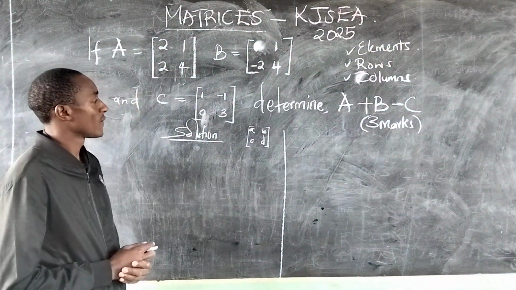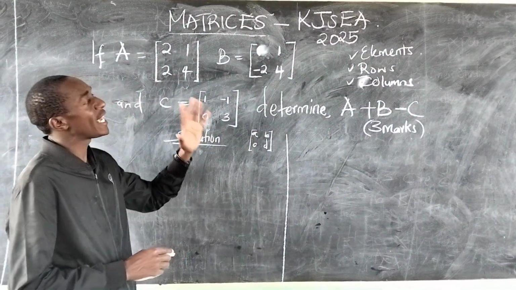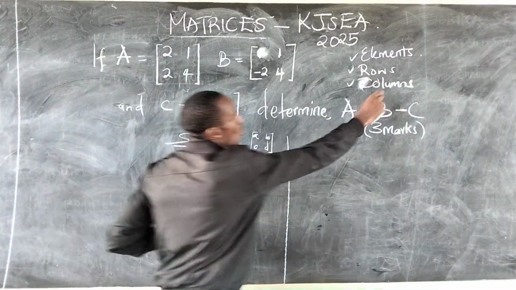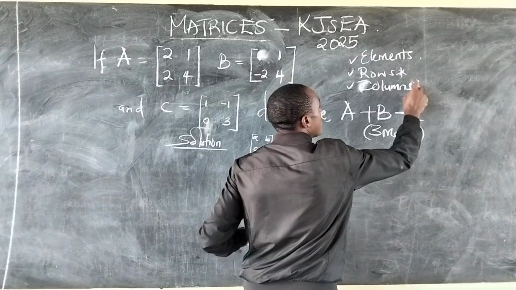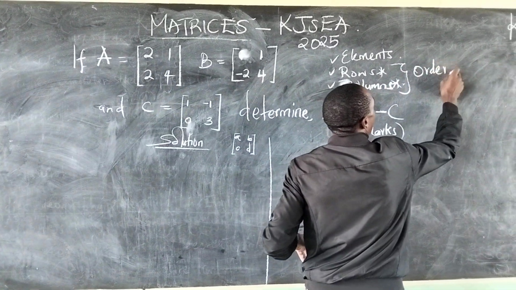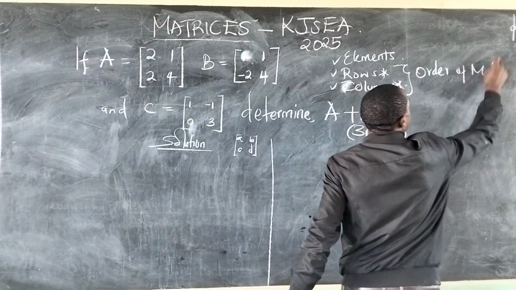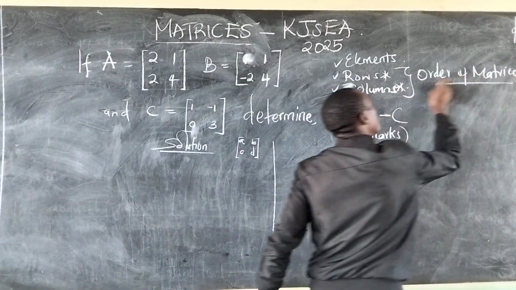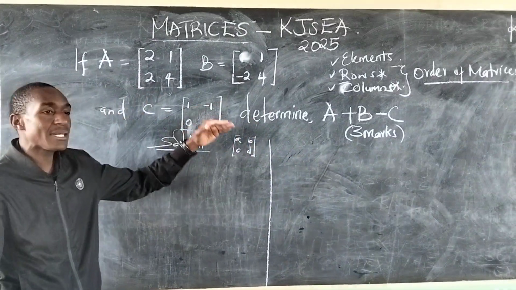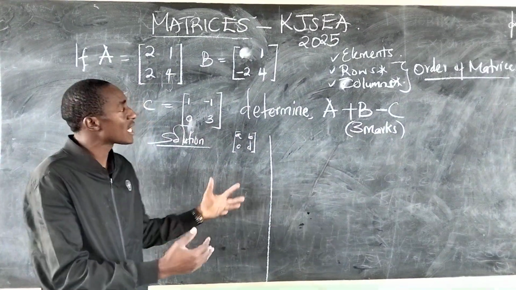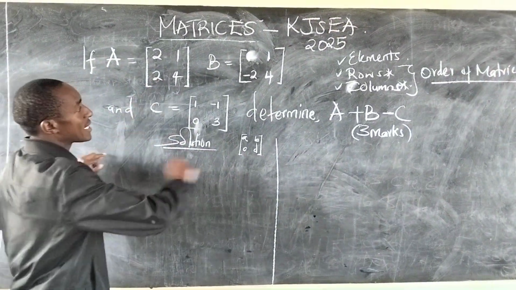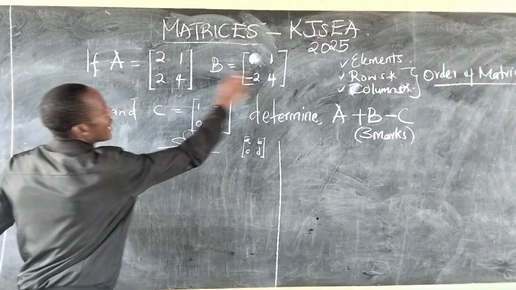Don't forget, the arrangement of the elements in that matrix in terms of rows and columns is what gives us what we call the order of matrices. The rows will be running horizontally from left to right.